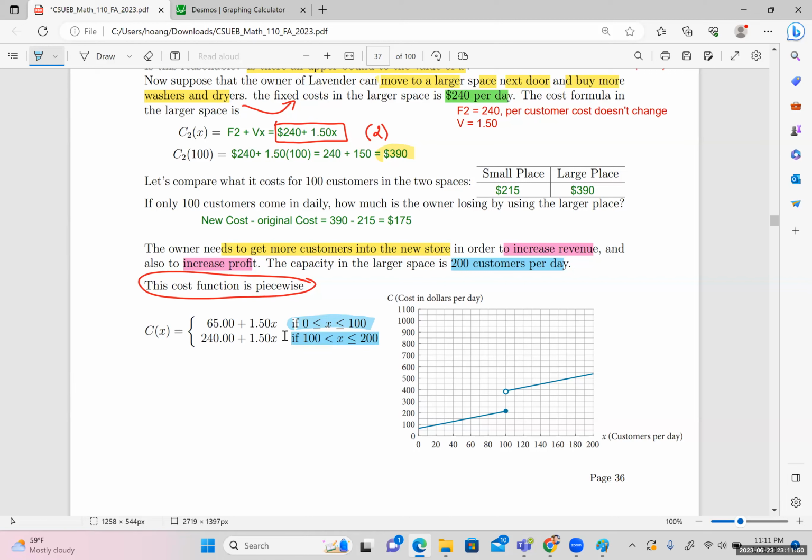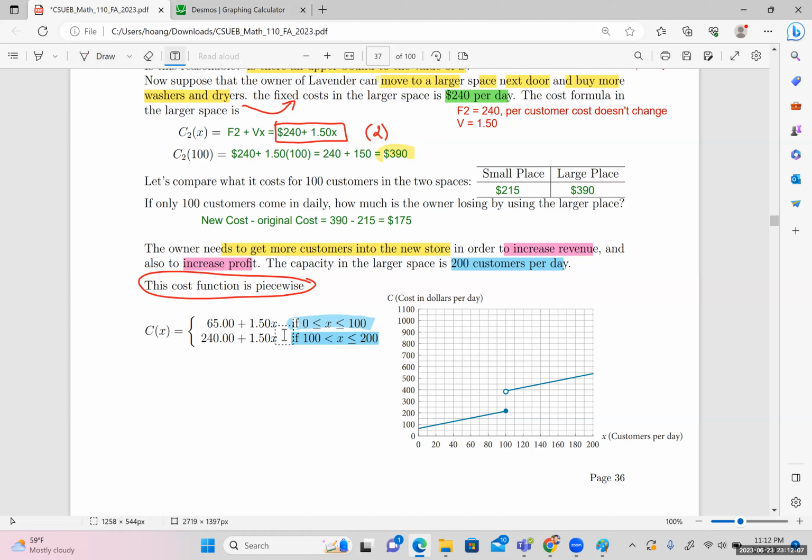All right. Now I'm going to draw the cost function on the graph. Okay. So you can start using Desmos.